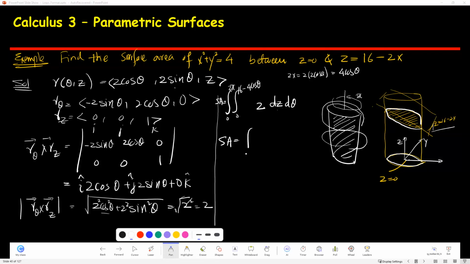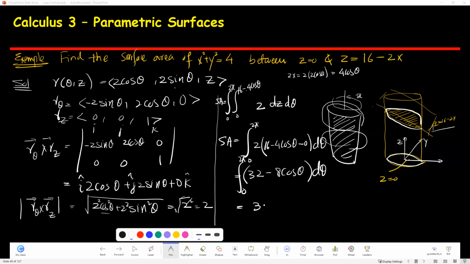Surface area equals the integral from 0 to 2 pi, and here is 2 times dz, which means this minus 0, so 16 minus 4 cos theta minus 0, d theta. If I take the integral again with d theta, it's going to be 2 times the integral of 32 minus 8 cos theta d theta, from 0 to 2 pi.